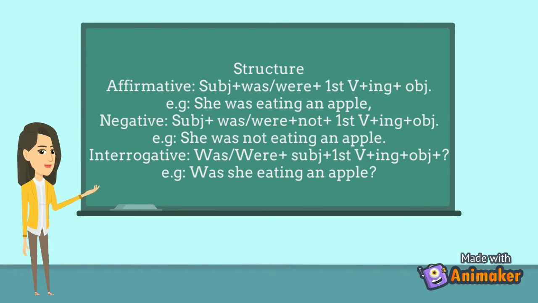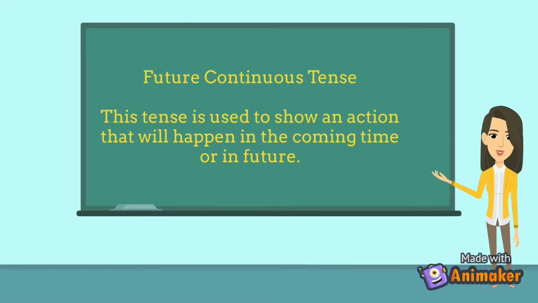In the end, we have future continuous tense. In future continuous tense, we talk about an action that will be taking place in the future or in the coming time. That time could be just right after this moment, or tonight, or tomorrow, or the next day, the next Monday, the next week.